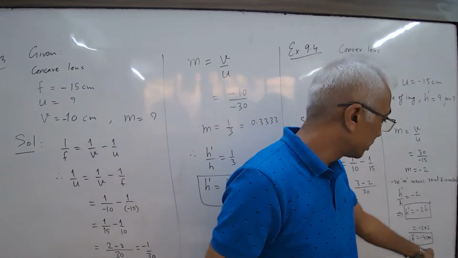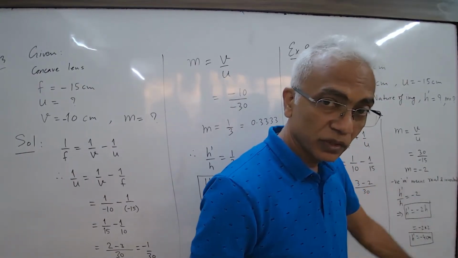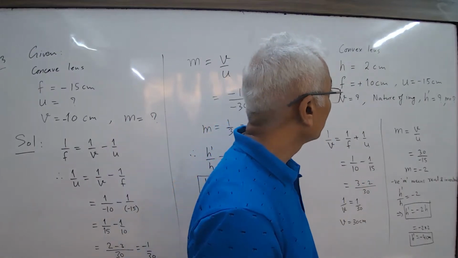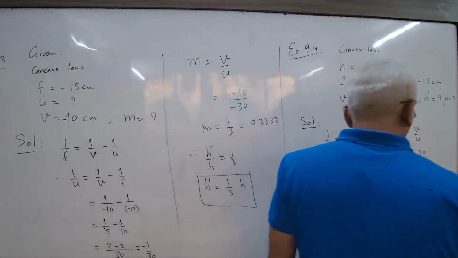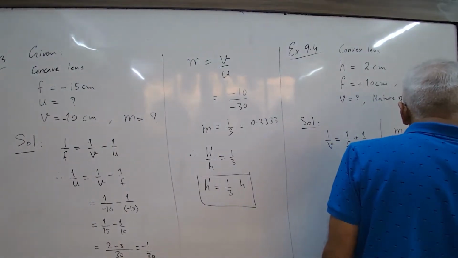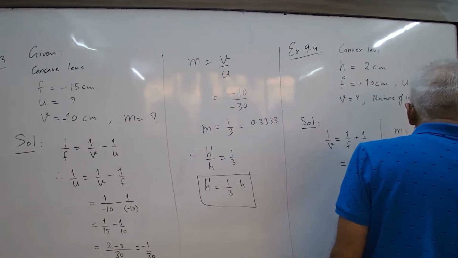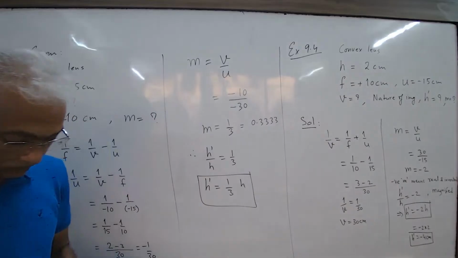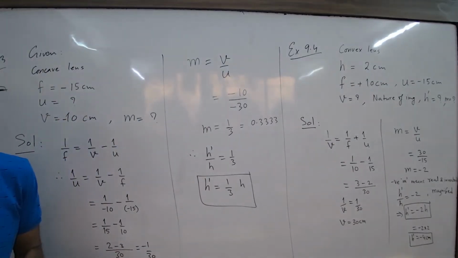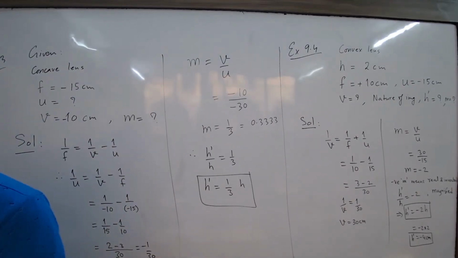H dash sign is negative, so it is inverted. So everything we have given: real, inverted, magnified or enlarged. All details are decoded. Okay. So that's about it.